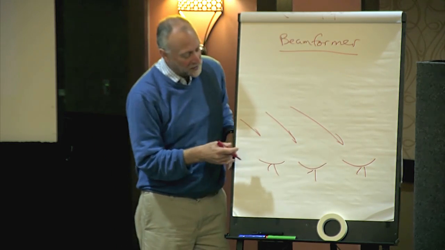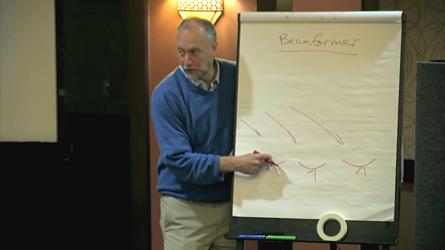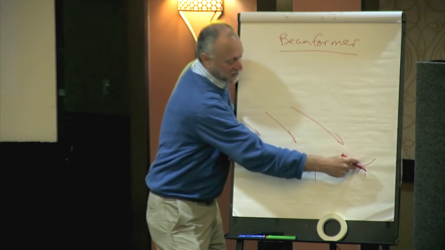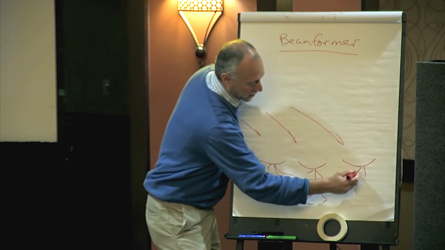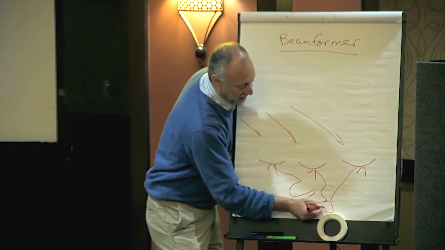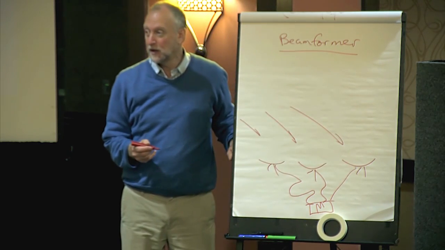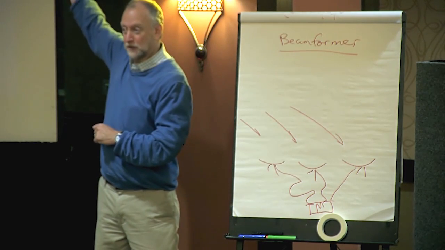But before I add them, I want to delay them a little bit, because it's going to hit this one first, then this one, then this one. So I want to put a big delay in here, a smaller delay in here, and a really short delay here, and then I can add them up. Okay? And if I put in the right delays, then I'm looking from this direction.